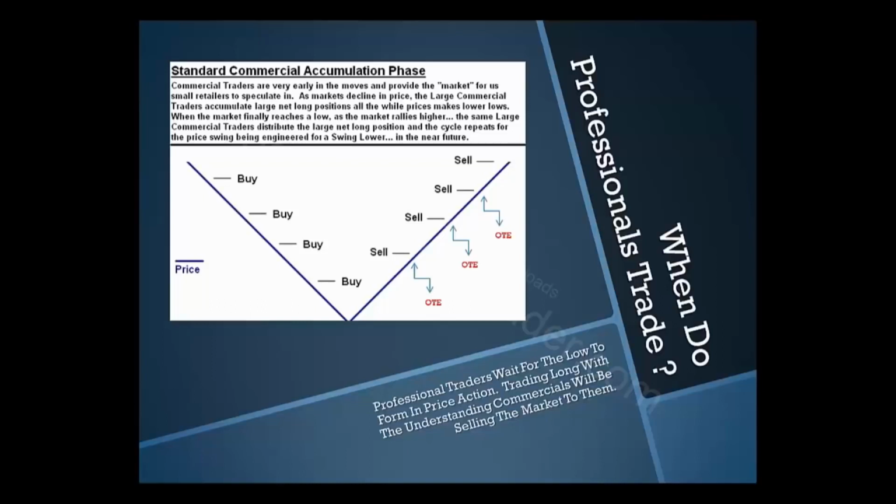They would be selling as it goes up, and then buying it back as it starts to drop down. But every time that price comes to a point at which they would be selling, there's going to be a retracement.